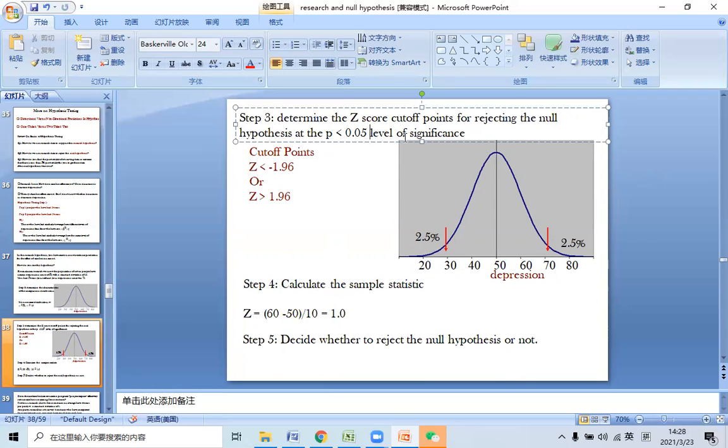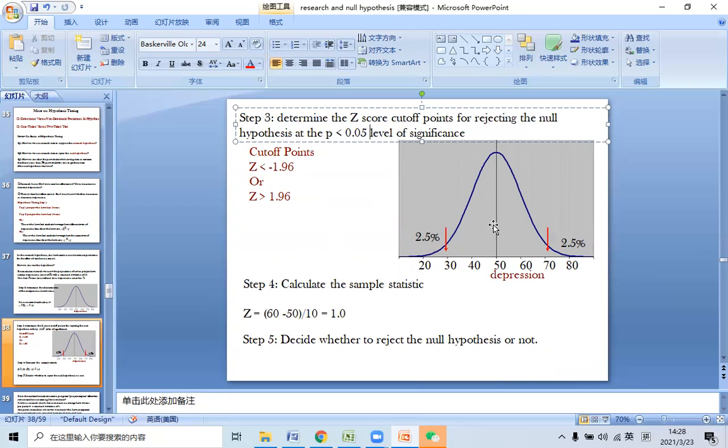And this is a two-tail test. You are concerned about the two tails, the lower tail and the higher tail. This is because you made a non-directional prediction. You're saying alcohol would change mood, but you don't know which way.